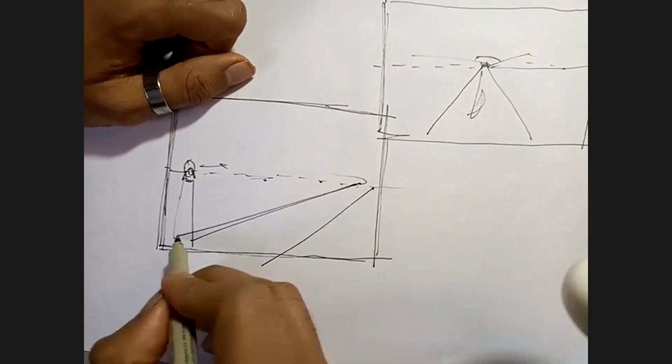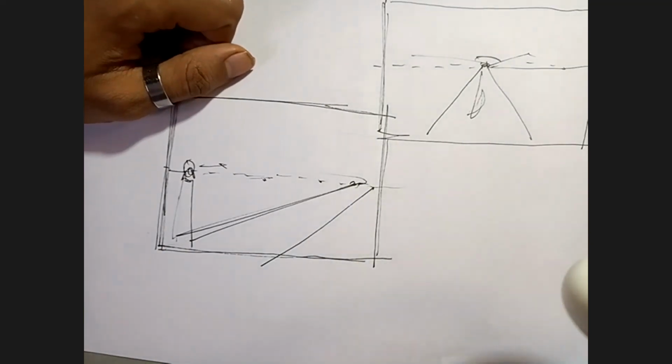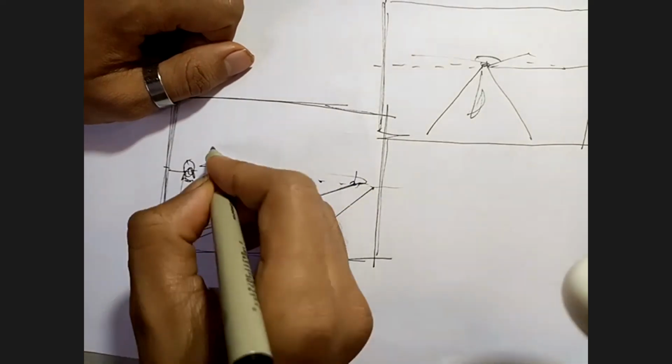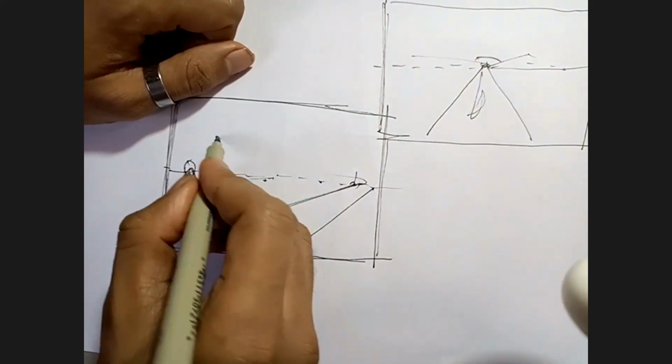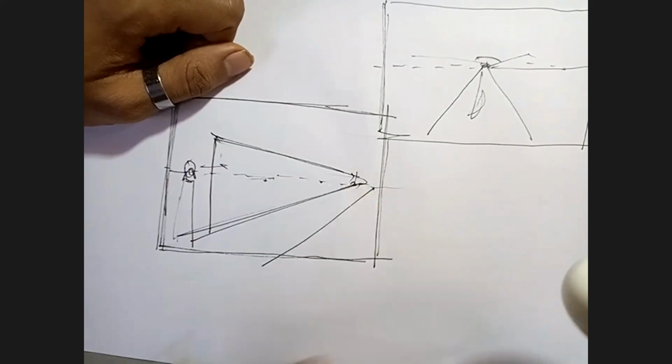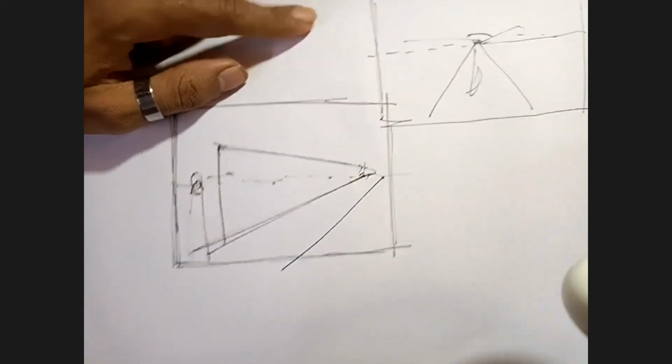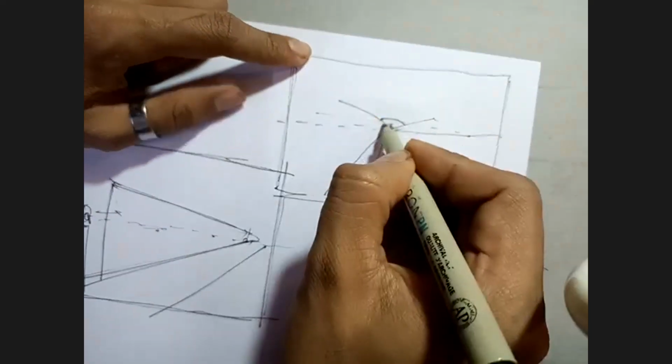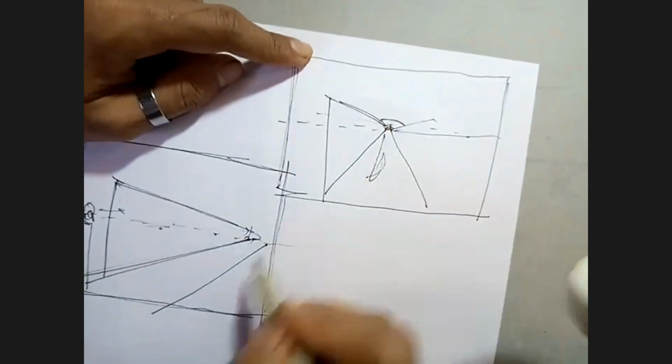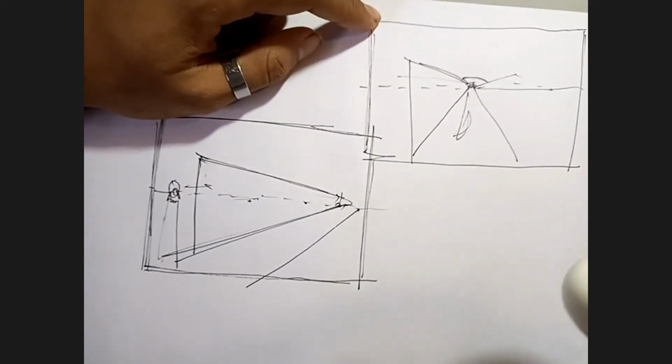So this could also be linear perspective, no problem. It doesn't always mean that it has to be at the center. So the wall could come like this. The same wall that we represent like this, it could come like this.